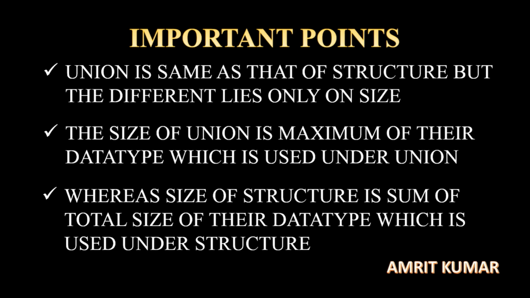Therefore the maximum size is going to be the union size. Therefore the size of that union is going to be 4 byte and not 2 byte, because the size of a union is the maximum of the data types used under the union.